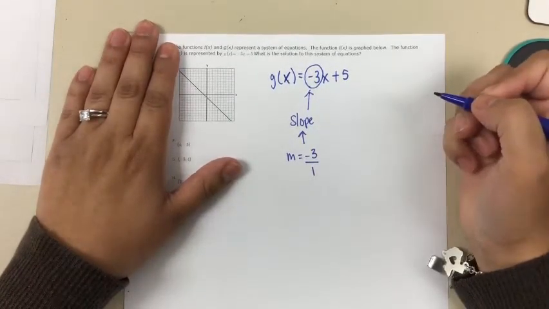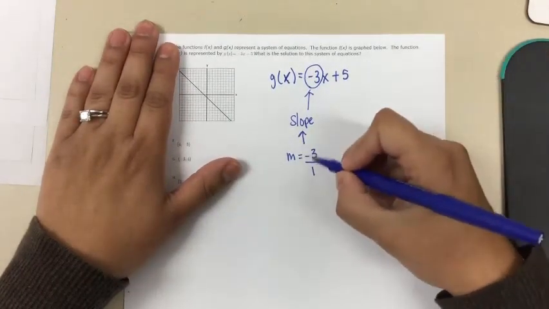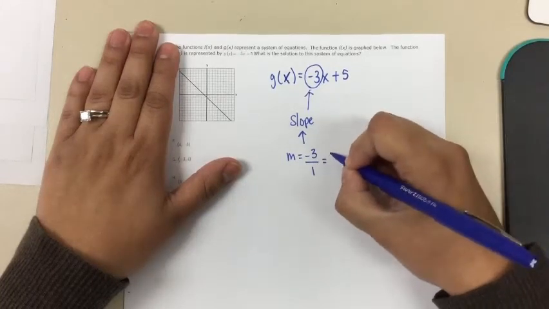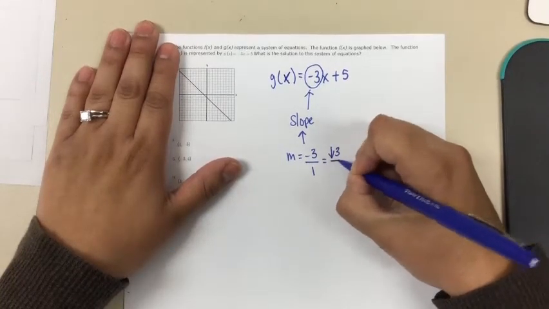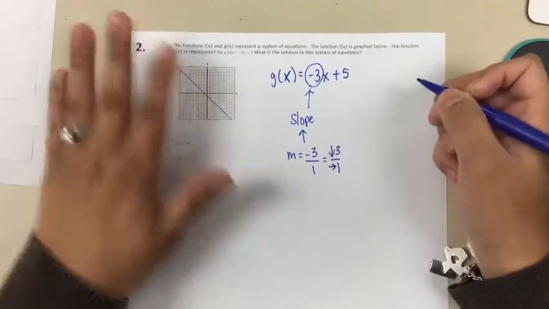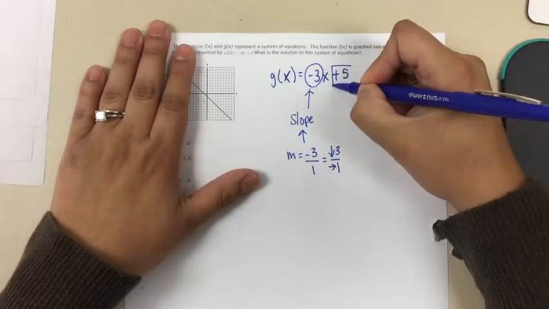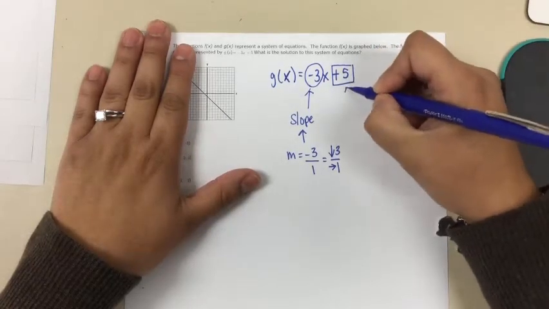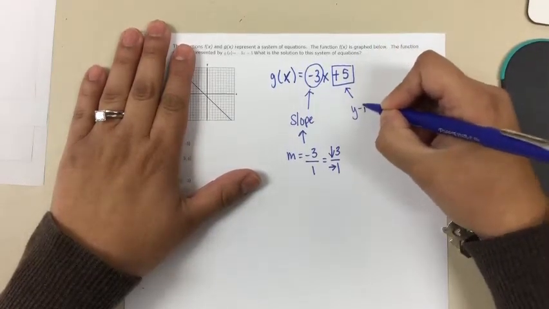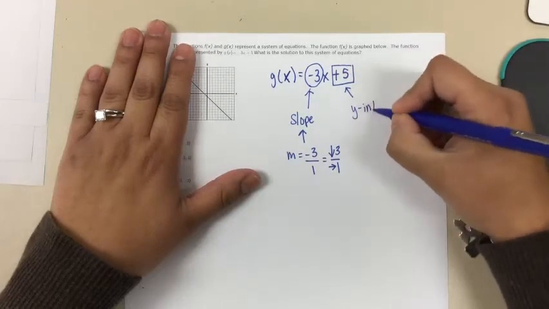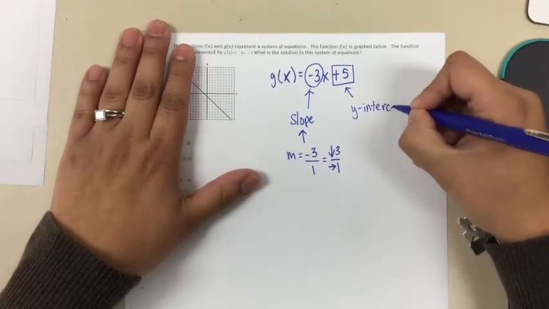It'll help us here in a second when we get to graphing. So it's negative 3 over 1, which tells me that I will go down 3 and to the right 1 when it comes to moving around, okay? So there's my slope. And then my starting point is going to be my y-intercept. And that's my positive 5. Positive 5 is my y-intercept.